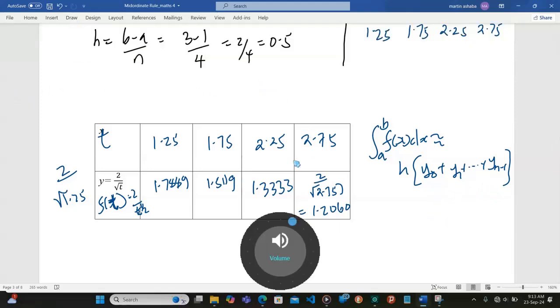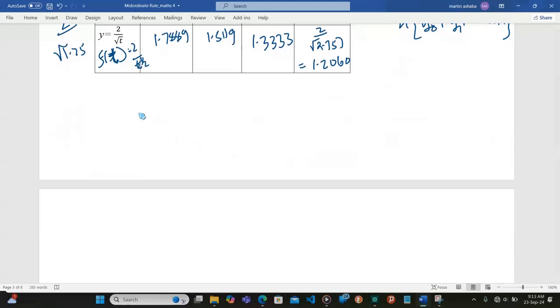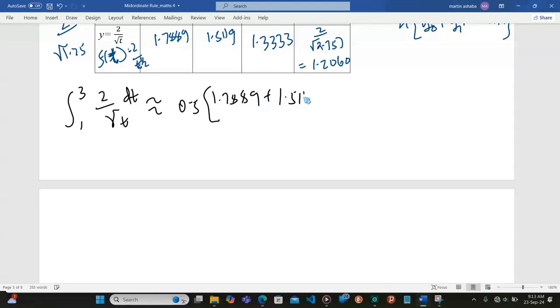If we substitute in, we'll find that the integral from 1 to 3 of 2 over root of t with respect to t is going to be approximately equal to h, which is 0.5, times 1.7889 plus 1.5119 plus 1.3333 plus 1.2060.